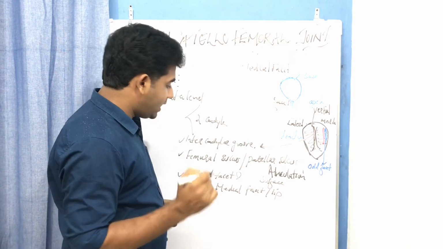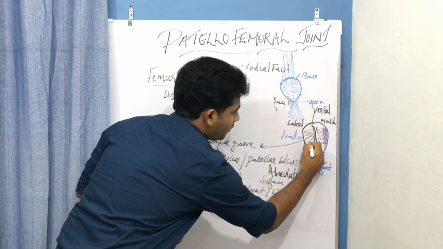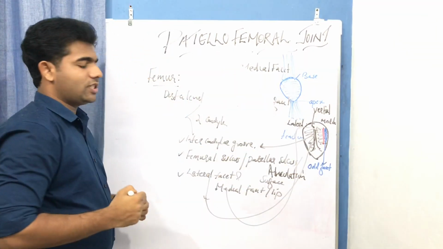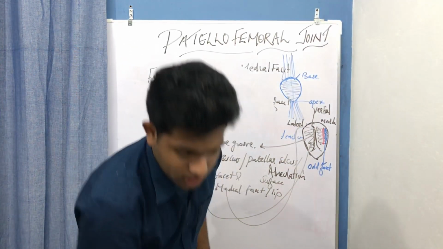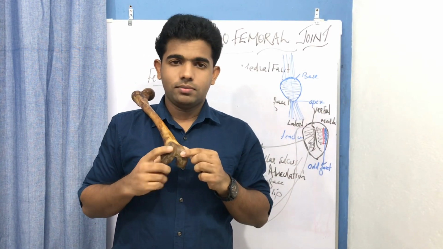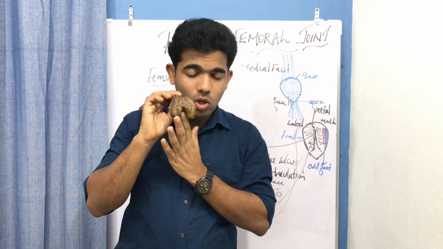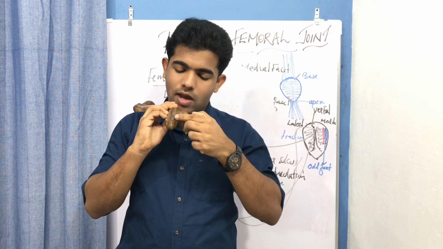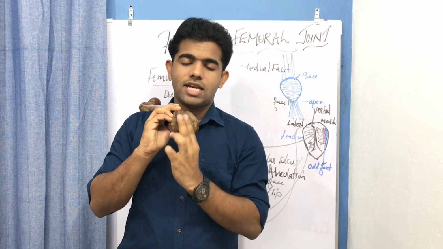And what does this medial and lateral facet do? The lateral facet articulates with the lateral facet of the patella, and the medial facet articulates with the medial facet of the patella. That means, when we continue our discussion on the femur, we see there is an intercondylar groove, an intercondylar notch, and the patellar sulcus or patellar surface, with a medial facet and a lateral facet.